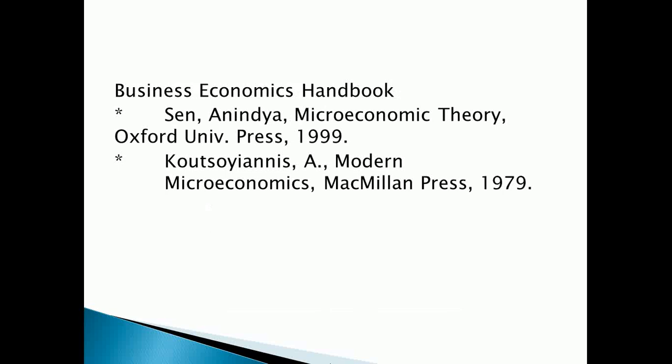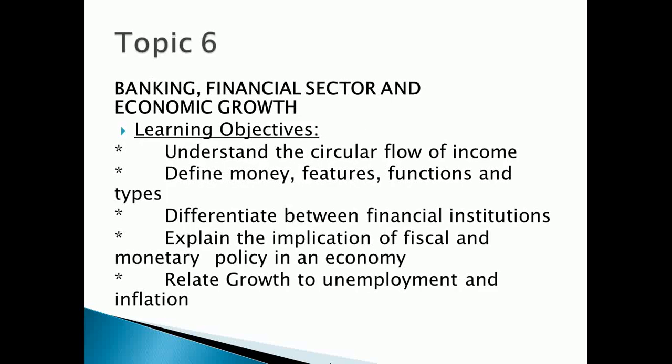Now, there are three phases of the circular flow of income: the production phase, the income phase, and the expenditure phase. These are divided into the production sector, household sector, government sector, and the rest of the world sector.